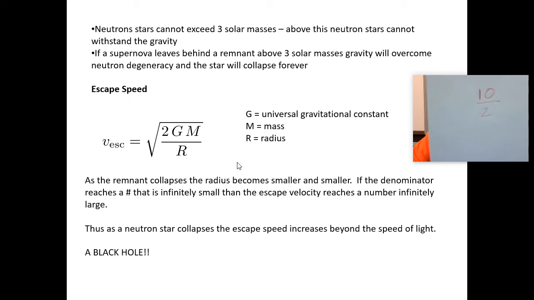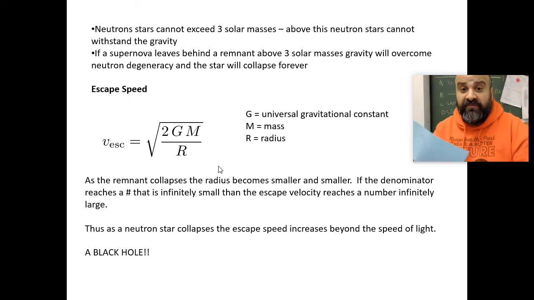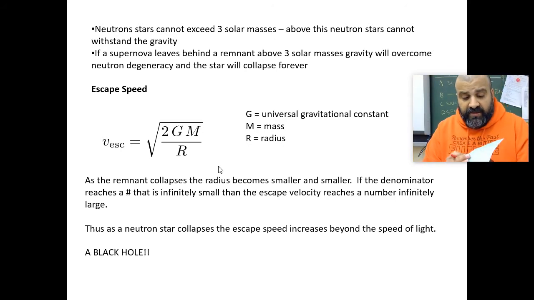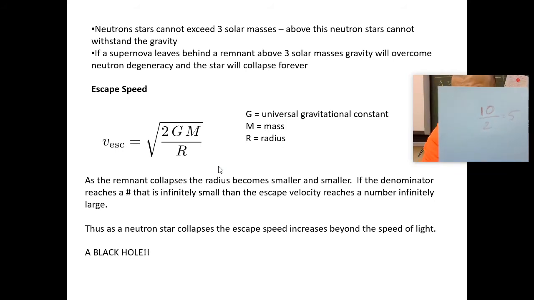Let's say the numerator was 10, the denominator was 2. 10 divided by 2 gives you 5. That number 2 represents the radius of the object. But let's say that object is collapsing under gravity. So if our numerator was 10 and the radius of the object was 2, our escape velocity would be 5.